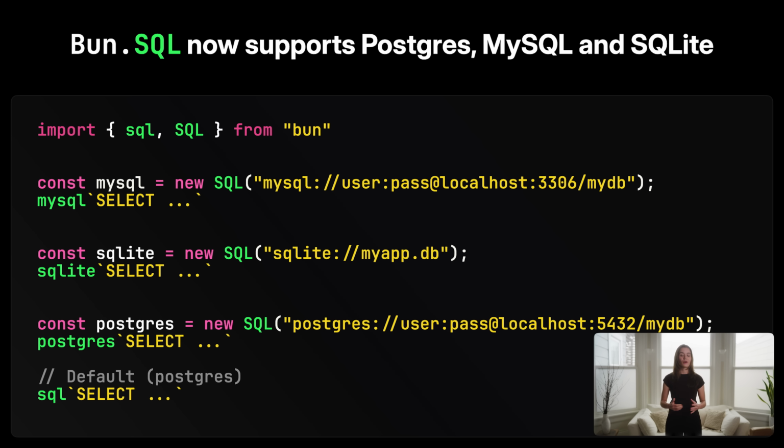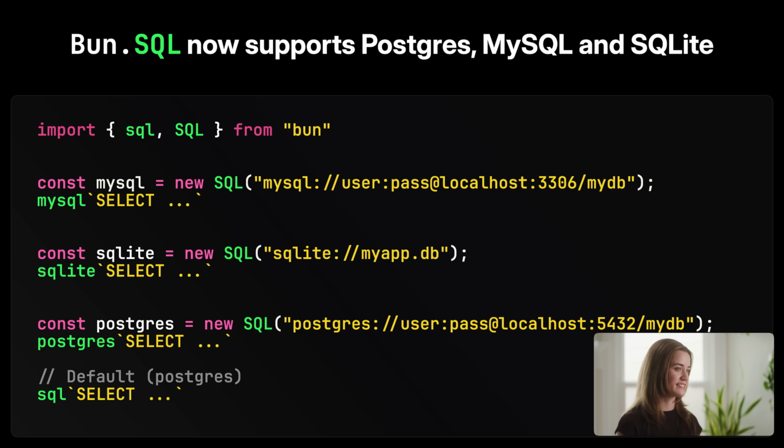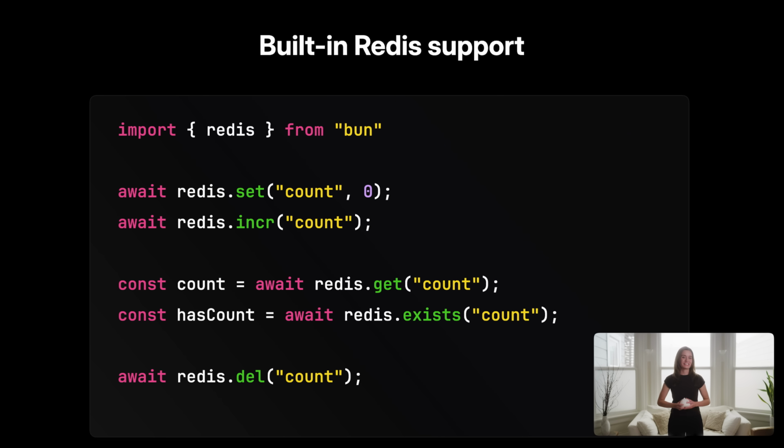Our single SQL API now has automatic SQL injection prevention and drivers for all major relational databases. Bun now has a built-in Redis client, which means that you can connect to the world's most popular key-value store with 0 dependencies. It's fast, it's native, and it's as simple as importing Redis from Bun. Just get, set, and go.